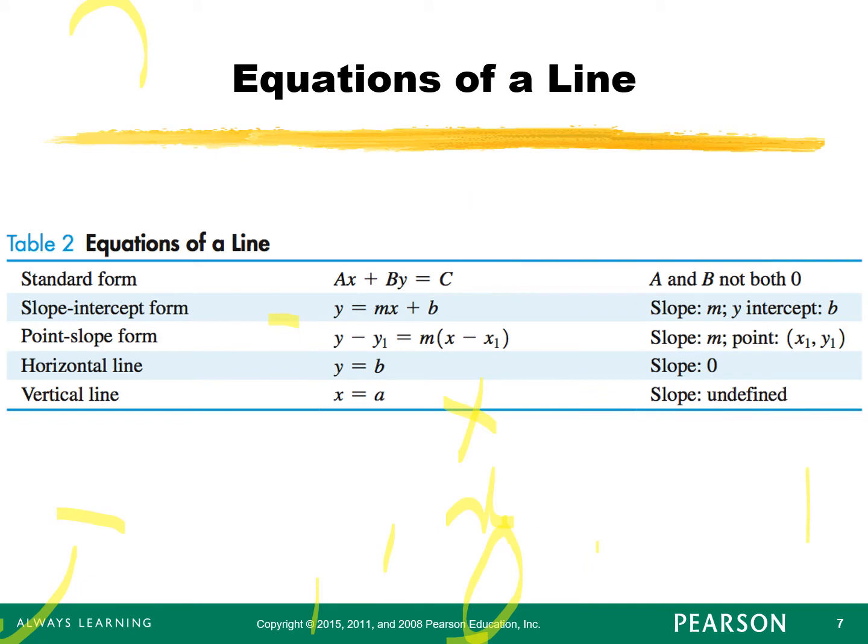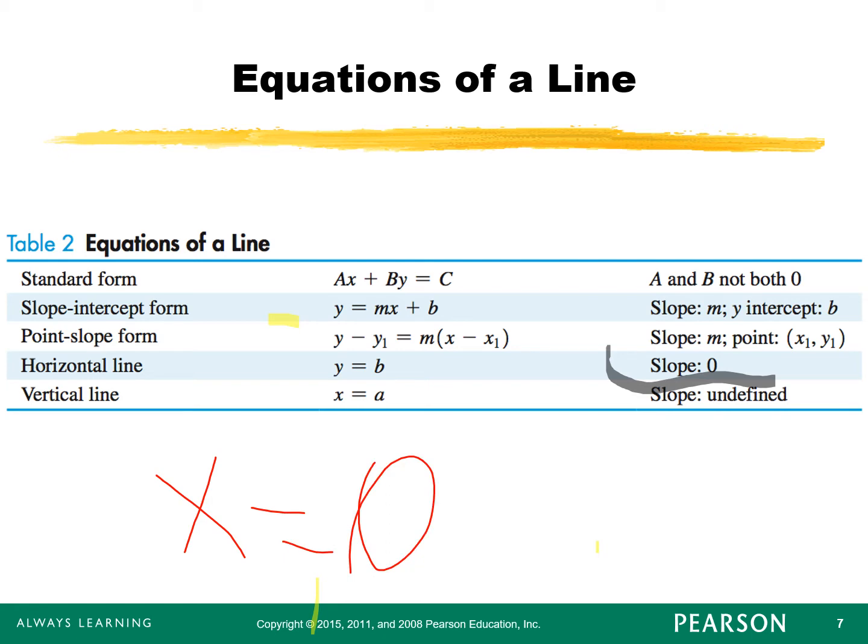And this is how we can get our slope without an equation. And now, if we want to find our horizontal line, what should we do? We said before that when we have a horizontal line, it means that the slope is 0. So if we want to find this horizontal line, we have to make x equal to 0.